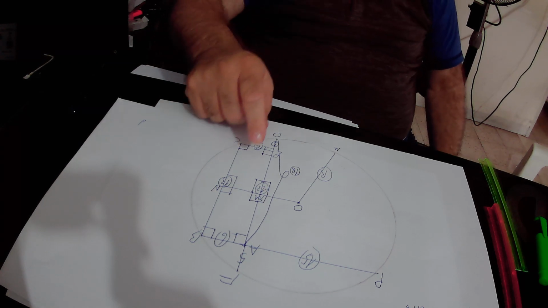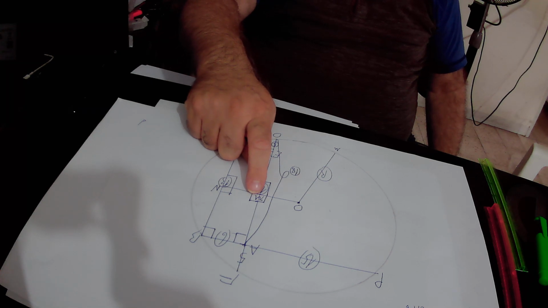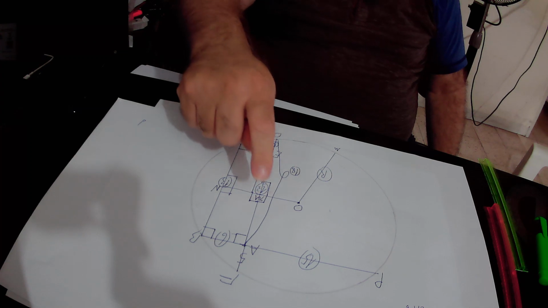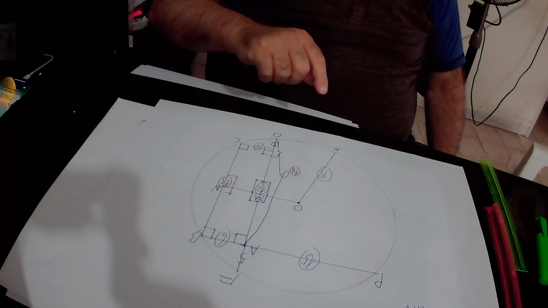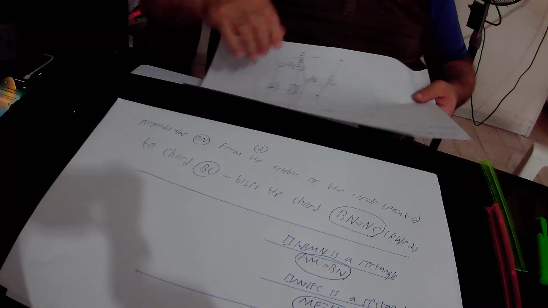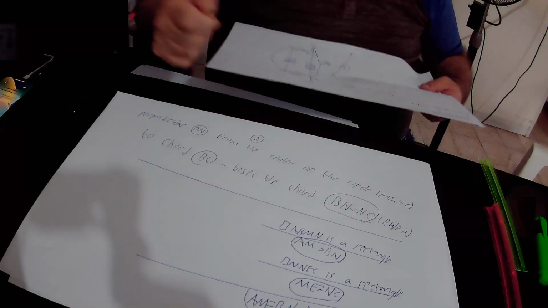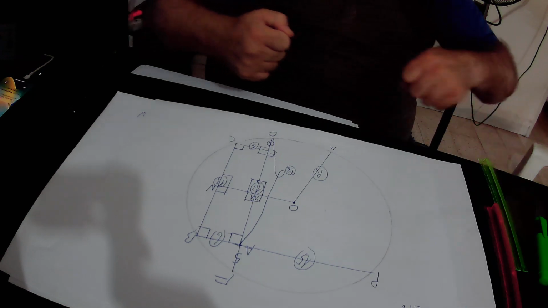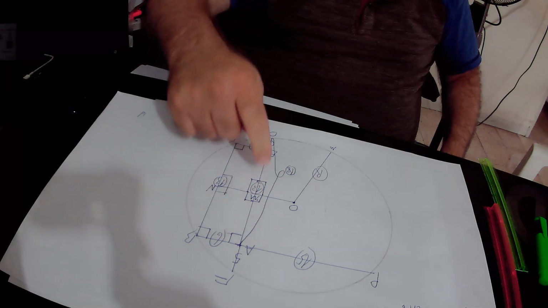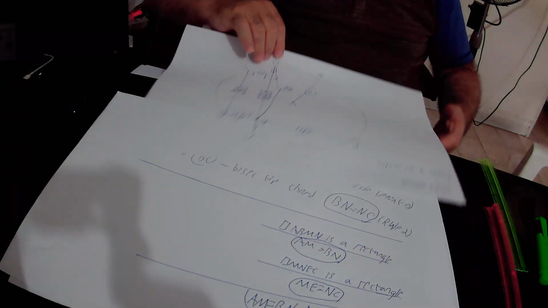Therefore, this fourth angle must also equal 90 degrees. And therefore, quadrilateral ABMN is a rectangle, because it has 4 right angles, and we know that the opposite sides of a rectangle are equal to each other. That is to say, AM equals BN.